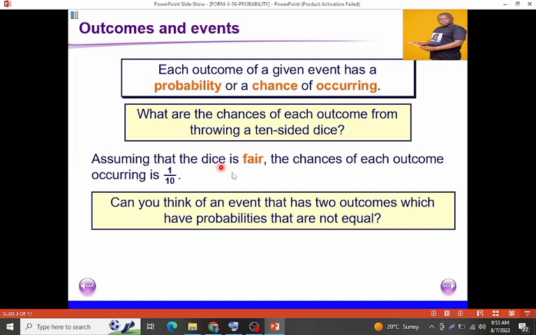Can you think of an event that has two outcomes which have probabilities that are not equal? All right.